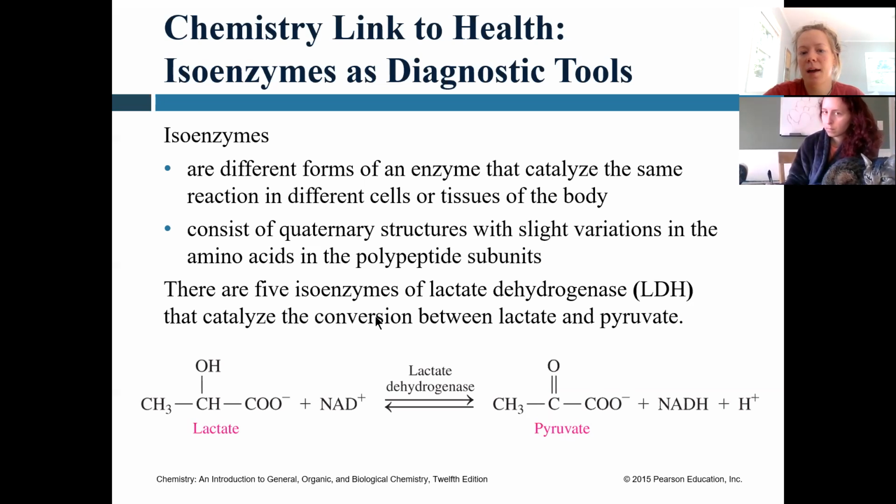So there are 5 isoenzymes of lactate dehydrogenase. This converts lactate into pyruvate. There are actually 5 of these, depending on where in the body you need that process to occur. It'll have a specific one.